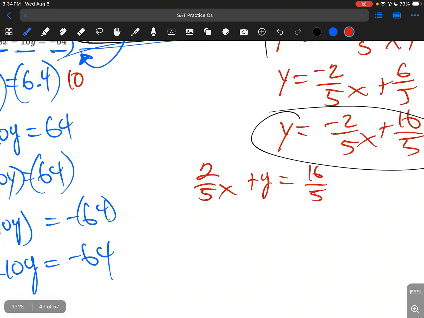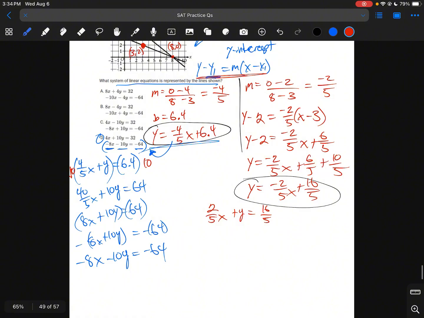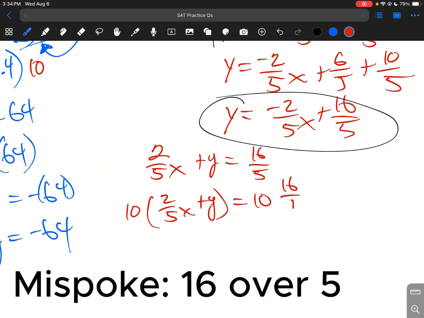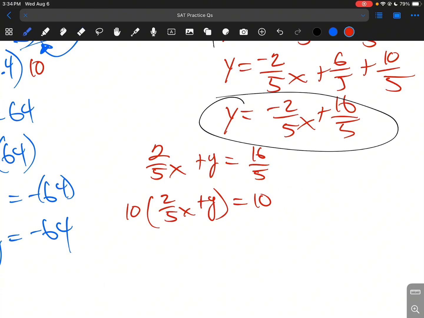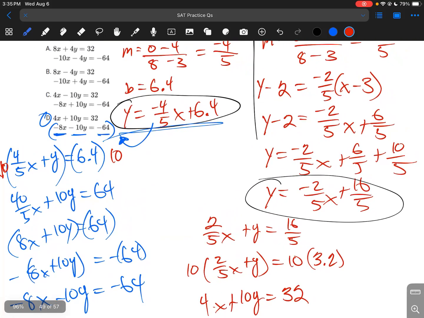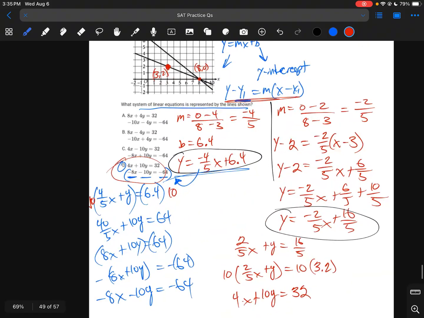And if we multiply this whole thing by 10 also to match up with what is given to us in our answer choices, then we get 10 times 2/5 x plus y is equal to 10 times 16/5. 16/5 is also 3.2. So you have 20/5 x, which is the same as 4x, plus 10y is equal to 32. And that matches D also. So we know that's our answer choice.